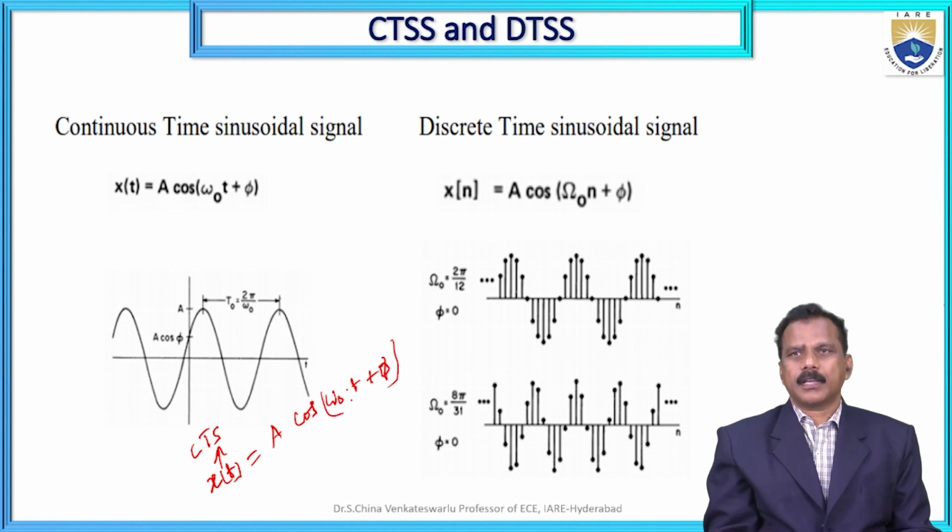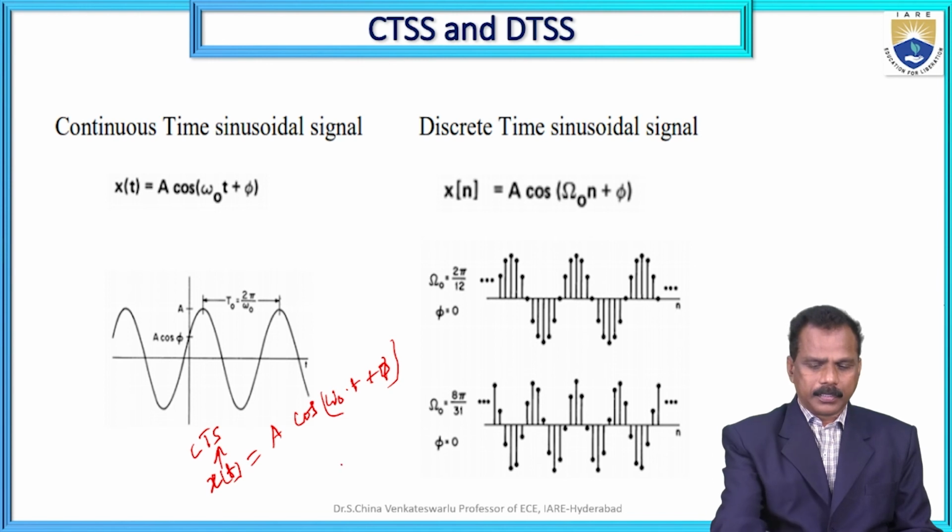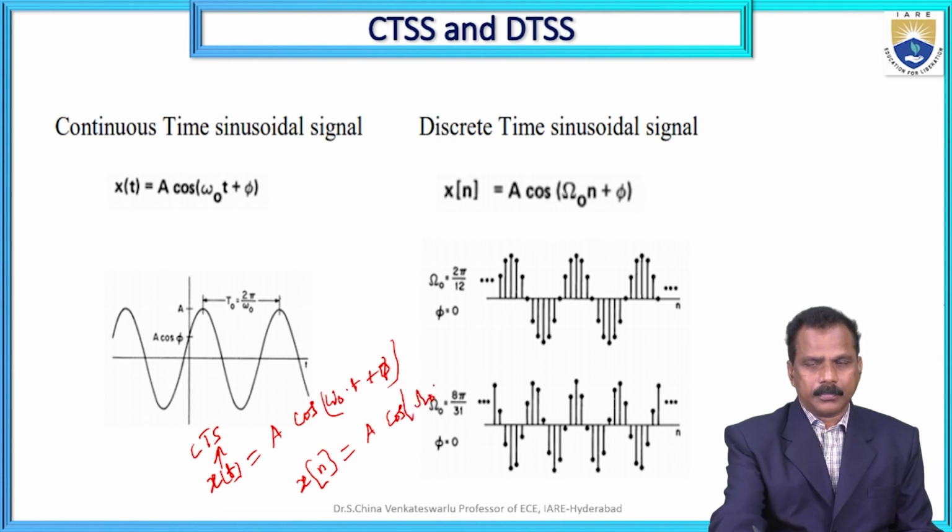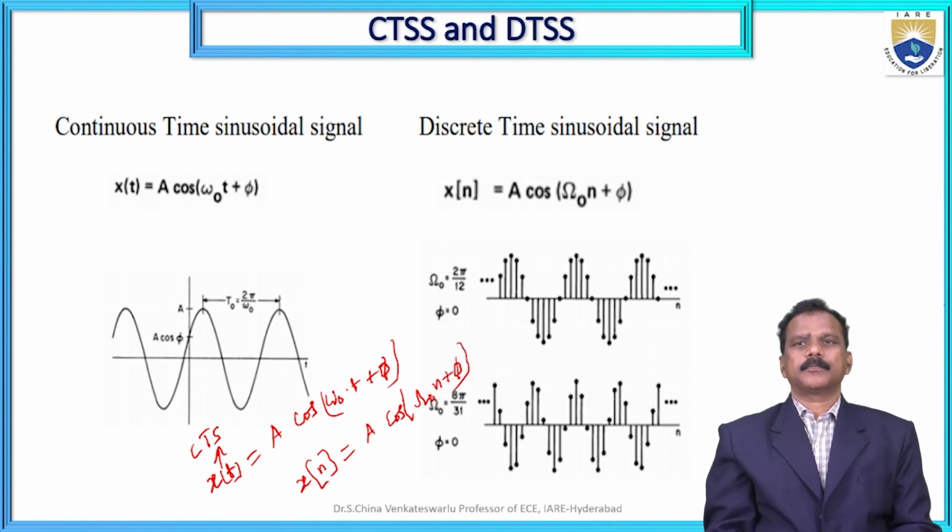If it is a discrete time signal, it is represented as x of n, where x of n is equal to a into cos of omega naught small n plus phi.